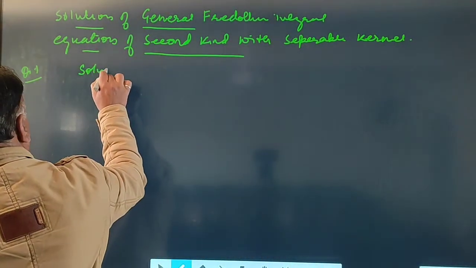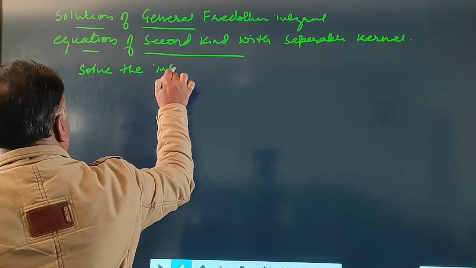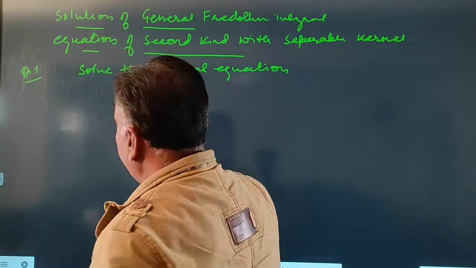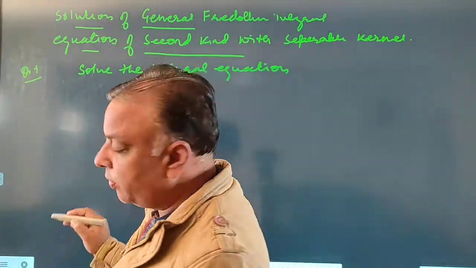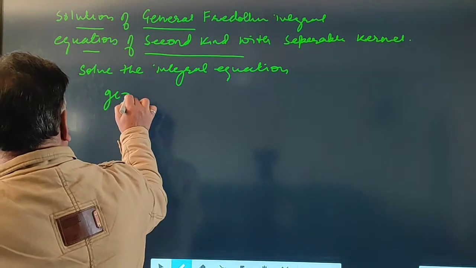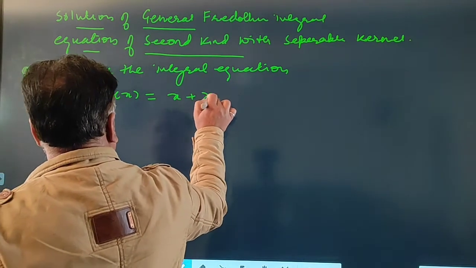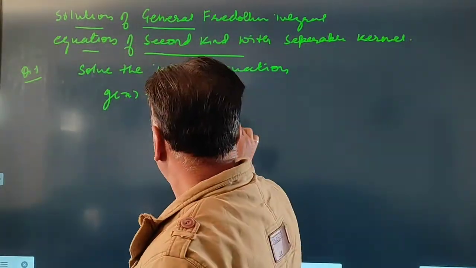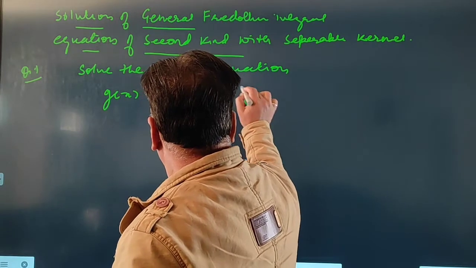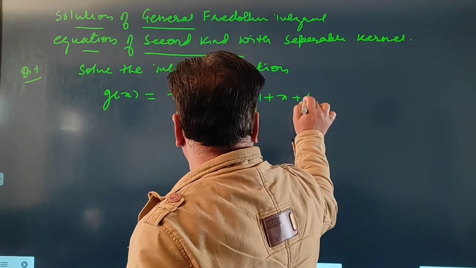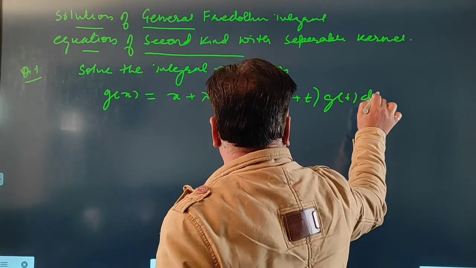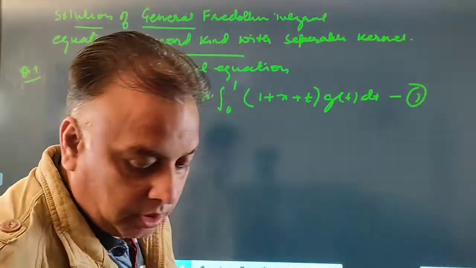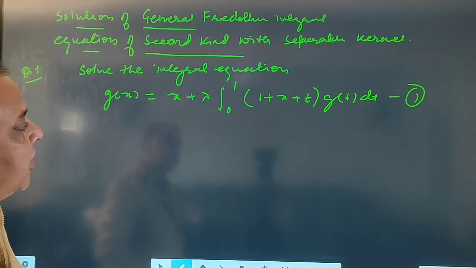We have to solve the integral equation, and that integral equation is given as g(x) = x + lambda integral from 0 to 1 of (1 + x + t) g(t) dt, equation number 1.